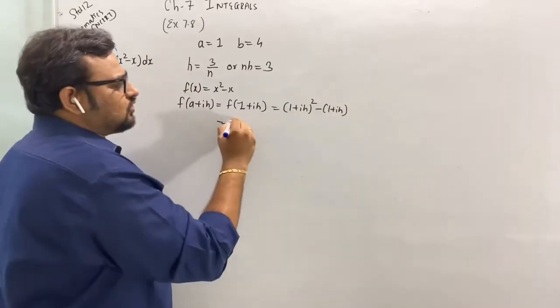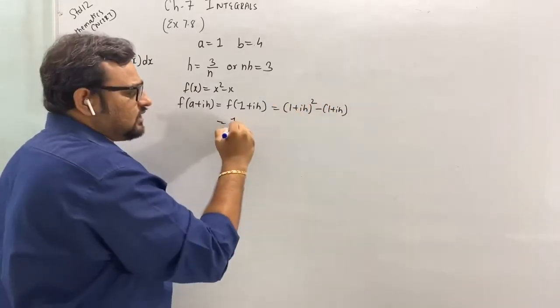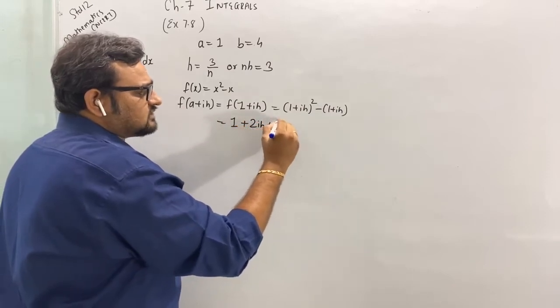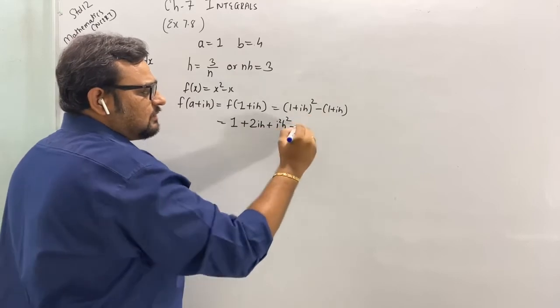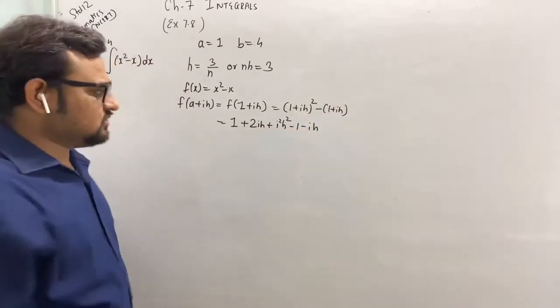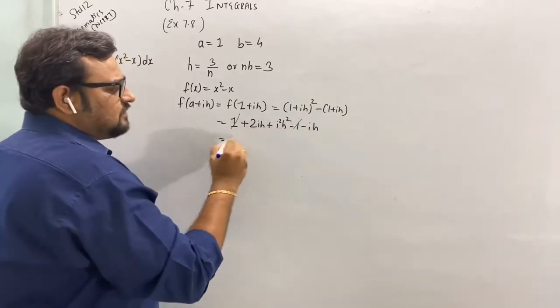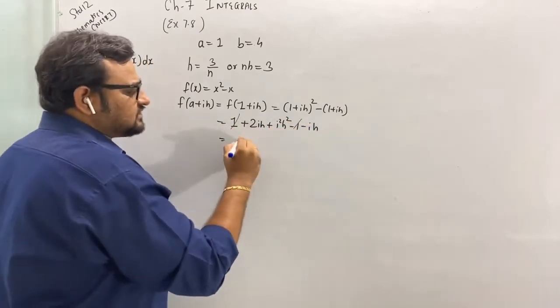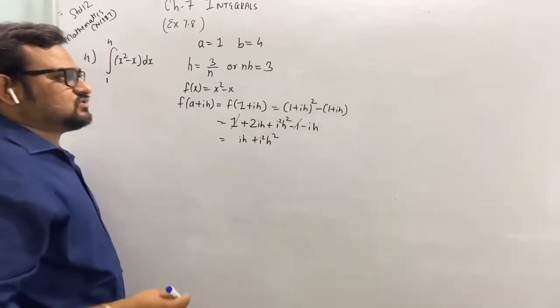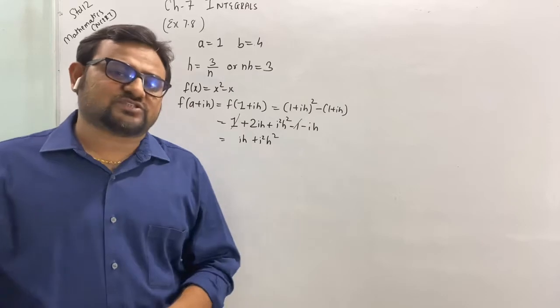So this will be equal to a plus b whole square, a square plus 2ab plus i square h square, minus 1 minus ih. So 1 will get cancelled. 2ih minus ih, it will be ih plus i square h square.